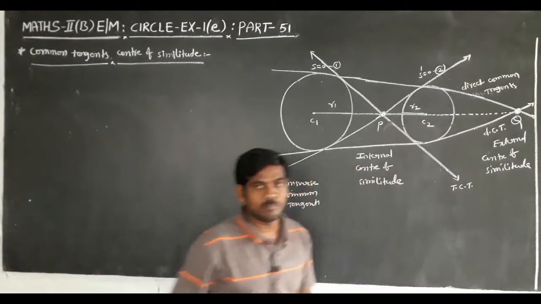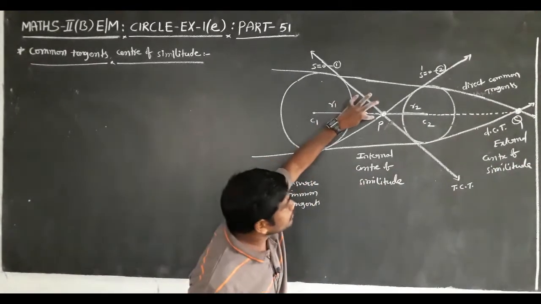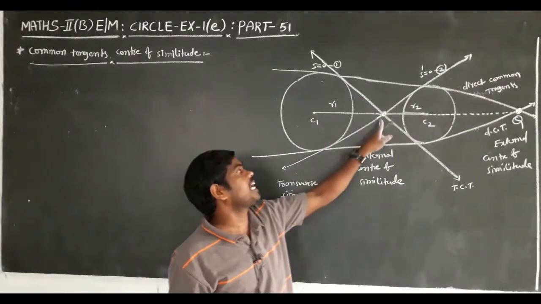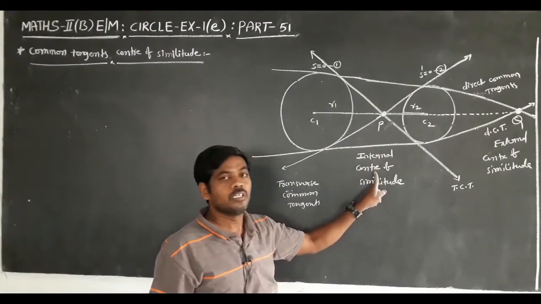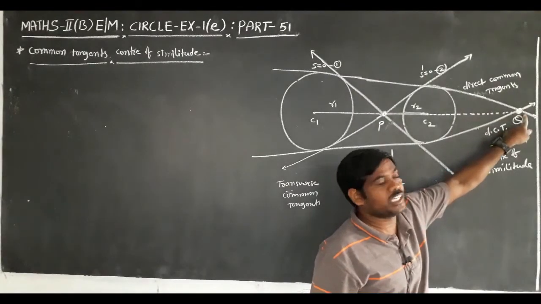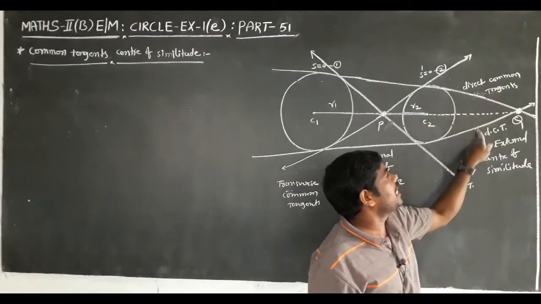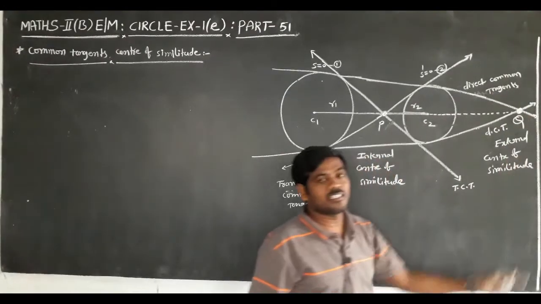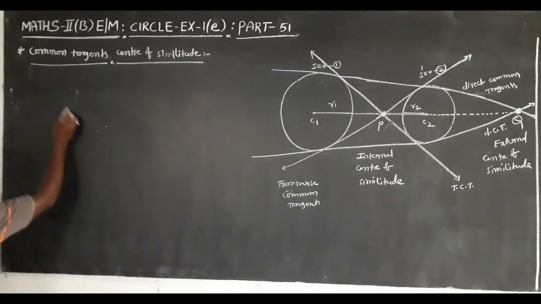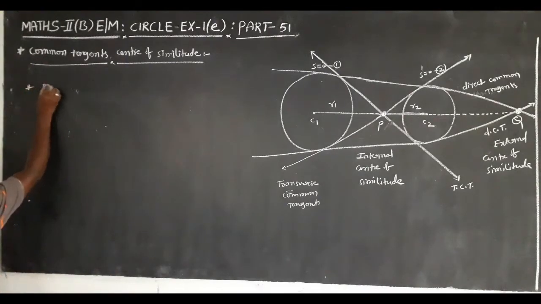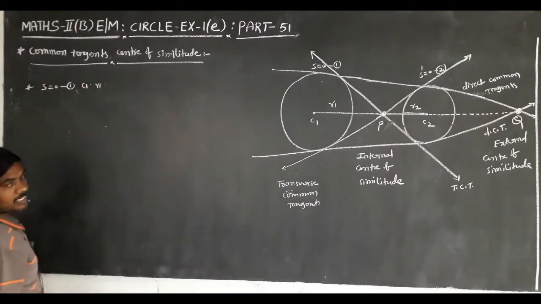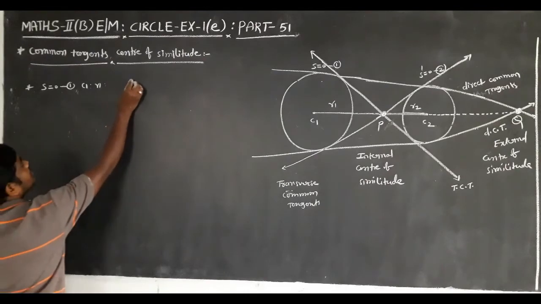To summarize, the intersection of the transverse common tangents is the internal center of similitude, and the intersection of the direct common tangents is the external center of similitude.